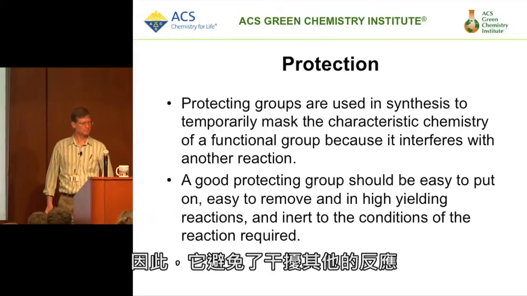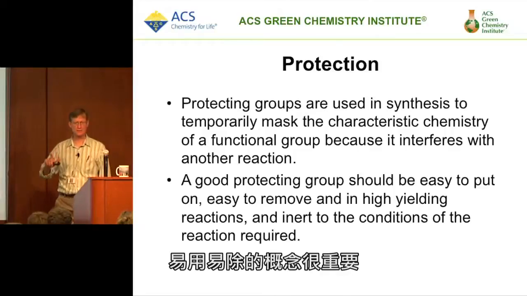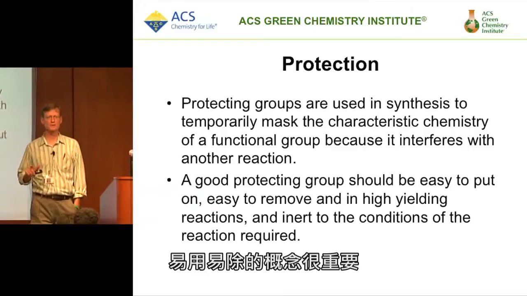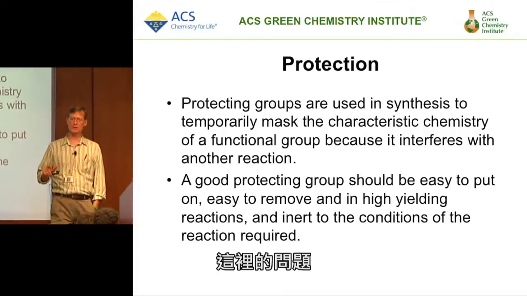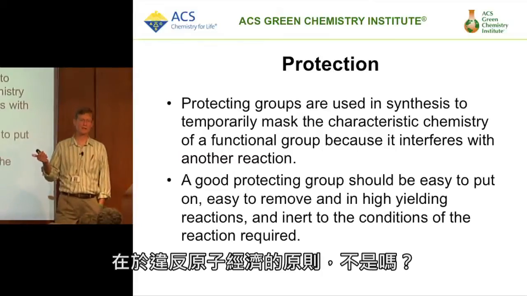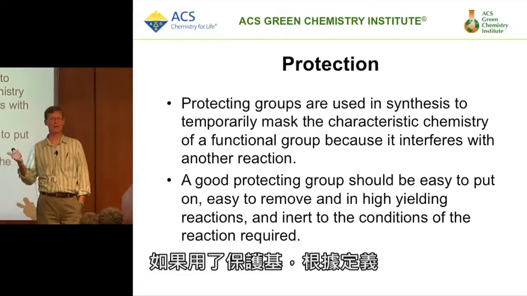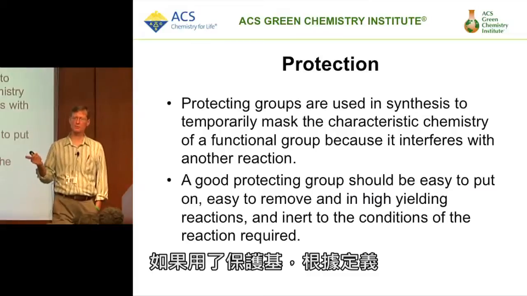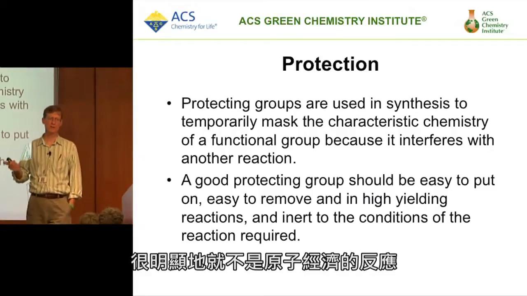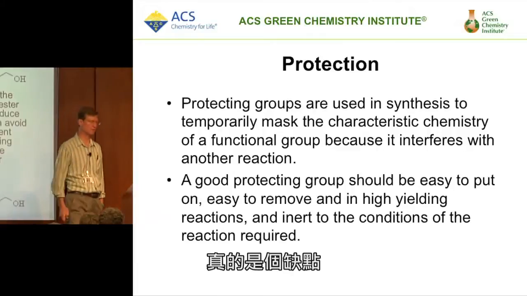So it avoids interfering with another reaction, and this idea of easy to put on and easy to take off is important. But the issue here is it violates the principle on atom economy, right? Obviously if you're using a protecting group, you don't have an atom economical reaction by definition. So it's really the downfall.